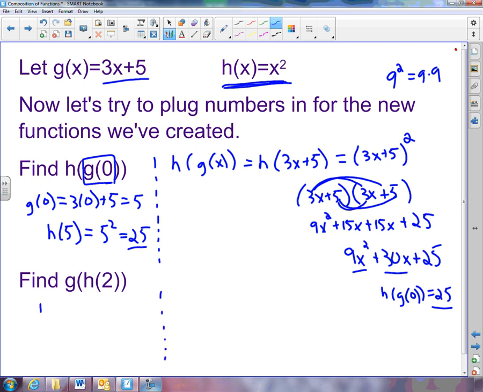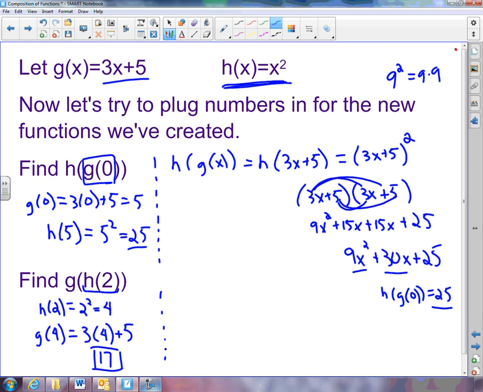First I'm going to find h of 2. h of 2 is just going to be 2 squared, which happens to be 4. Then I'm going to take that answer and replace h of 2 with it. So I'm going to find out what g of 4 is. g is 3x plus 5, so it's 3 times 4 plus 5, which is 12 plus 5, or 17.